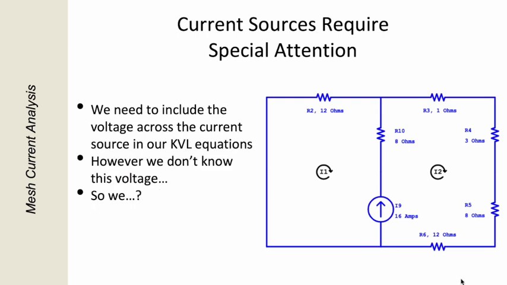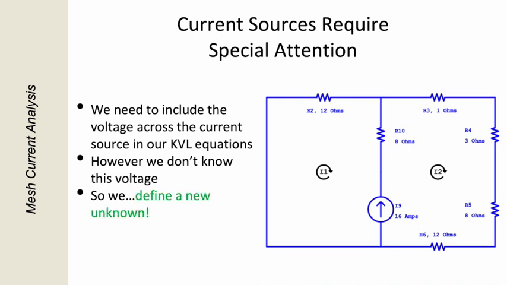Now that's kind of an interesting point. So we need to include the voltage across the current source for our KVL equations. However, we don't know the voltage, so therefore what would we do? We need it, but we don't know it.